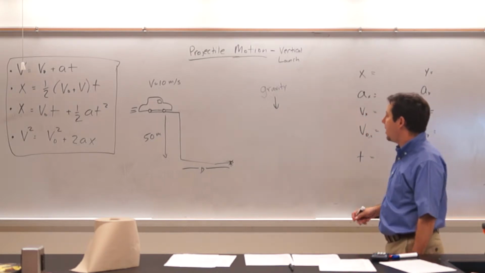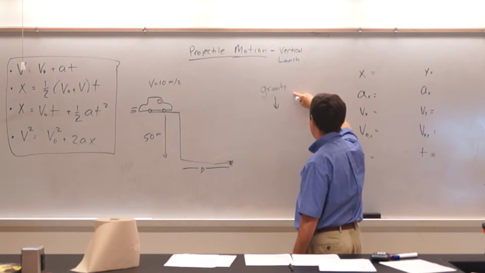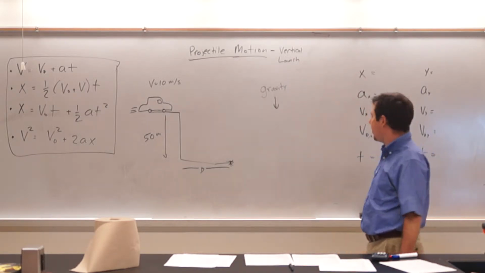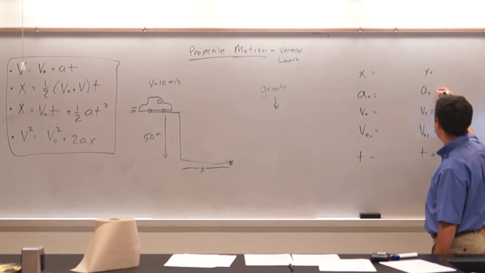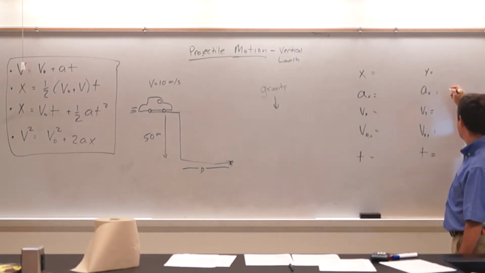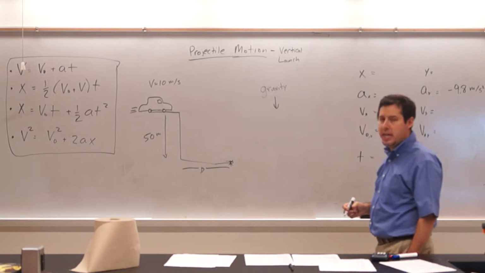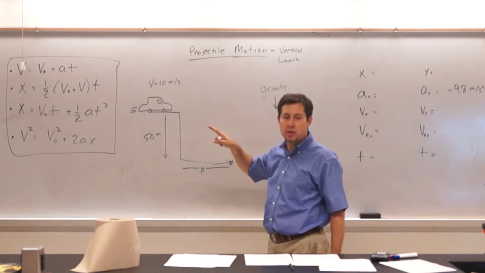So if we say that up is positive and right is positive, gravity is pulling in the negative direction. So we're going to say that the acceleration in the y direction is negative 9.8 meters per second squared. It is not accelerating the car at all in the horizontal direction.